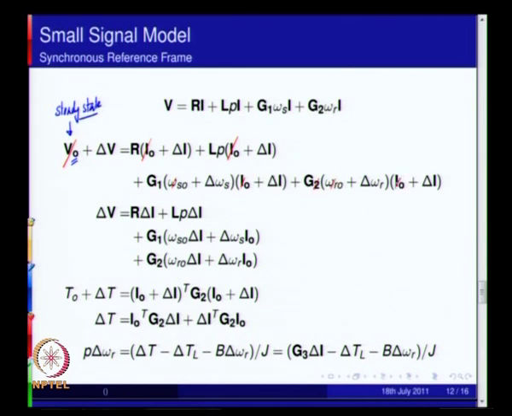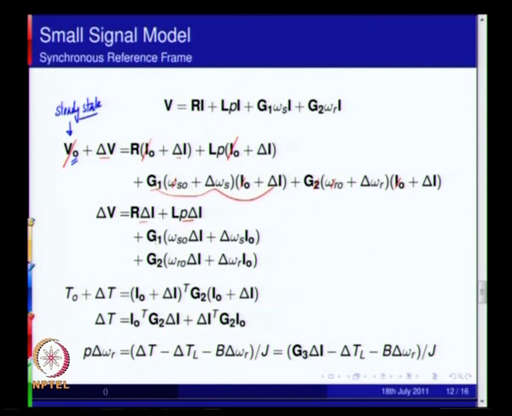and therefore the small signal quantities themselves are related by delta V equals R delta I plus L P delta I. From the third term here you would have G1 delta omega S into delta I, but this being a product of two small disturbances is neglected.